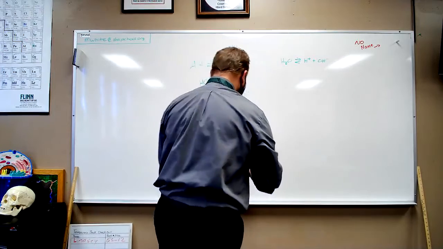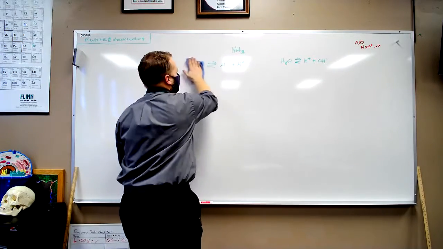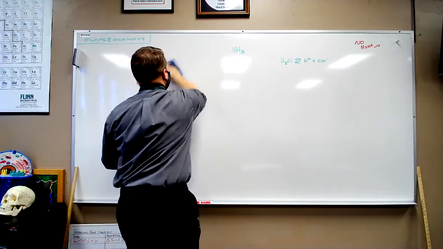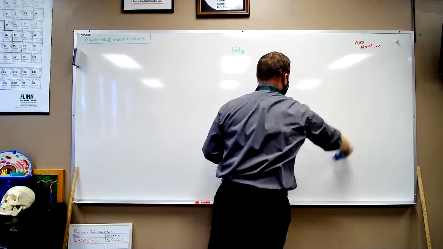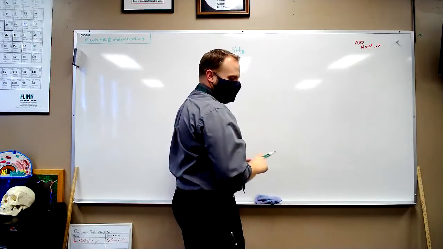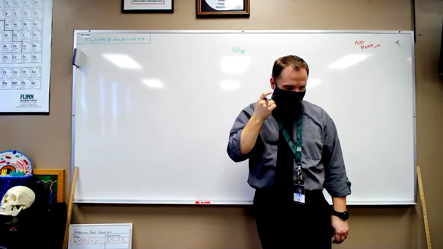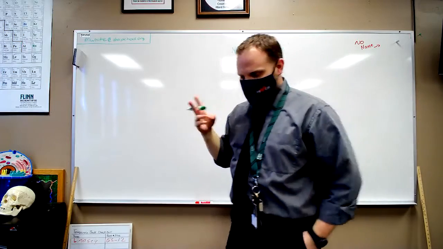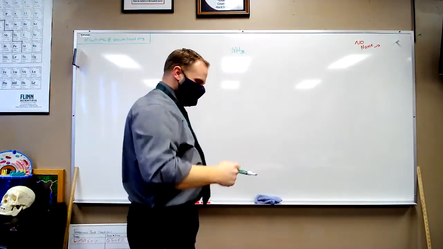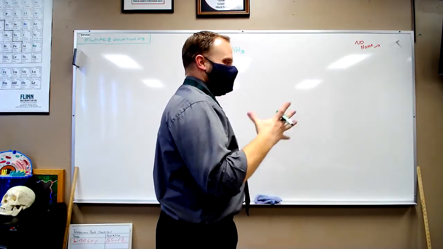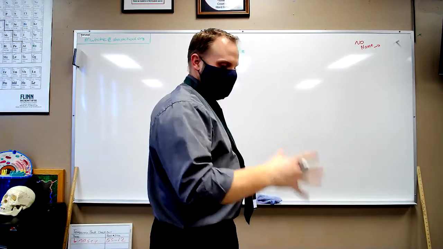And so, since the Arrhenius model, like I said, works pretty darn well, but we needed to expand on it, we now have two scientists that came a little bit later that refined the model of what is an acid and what is a base. So we call this the Bronsted-Lowry model.